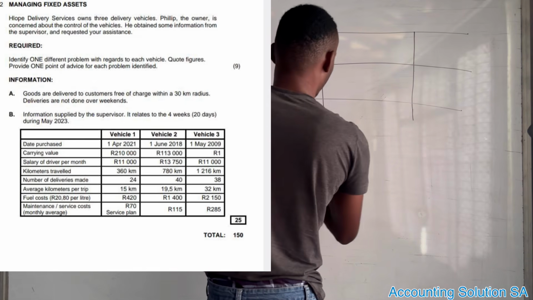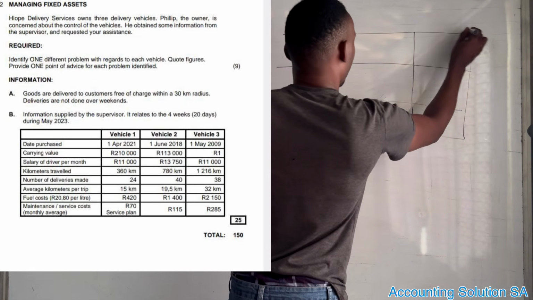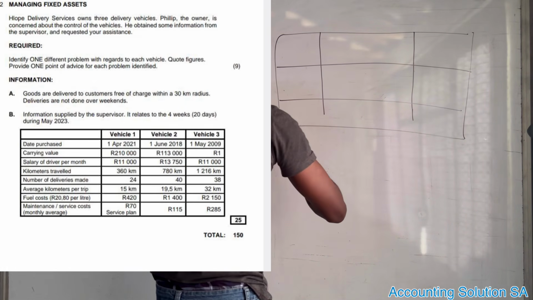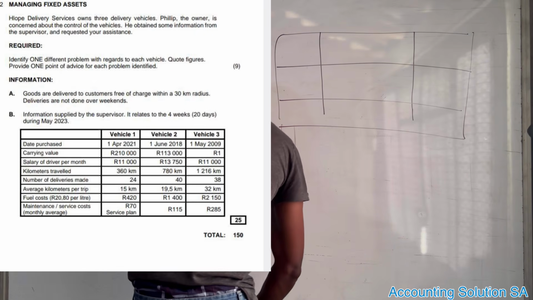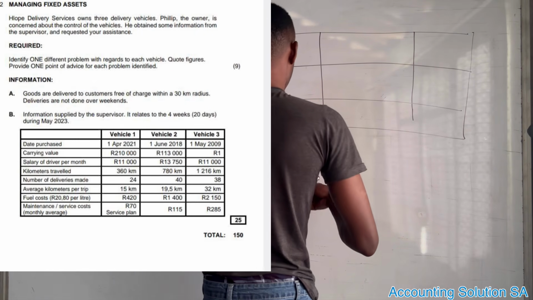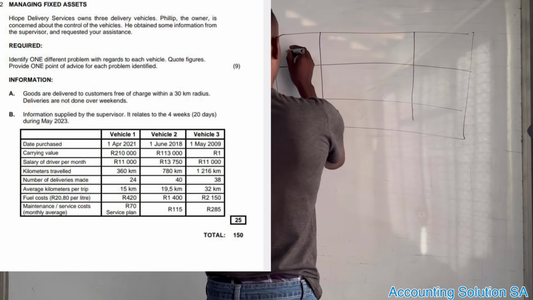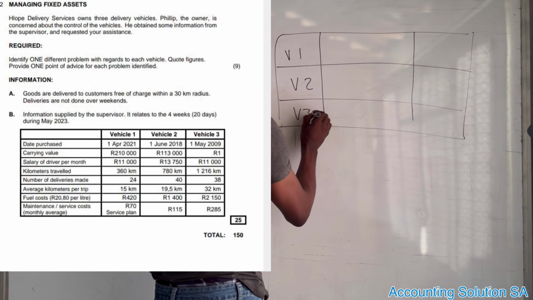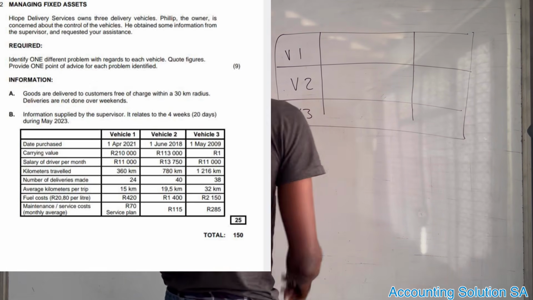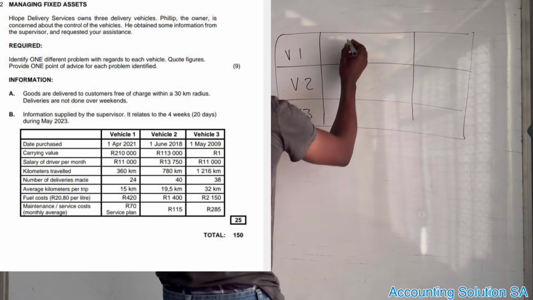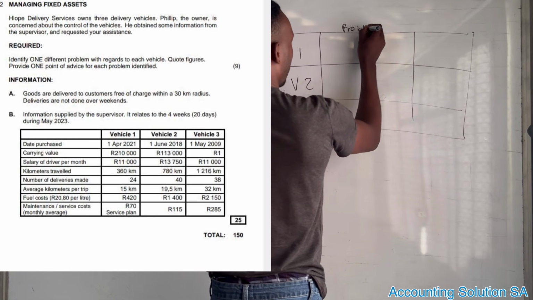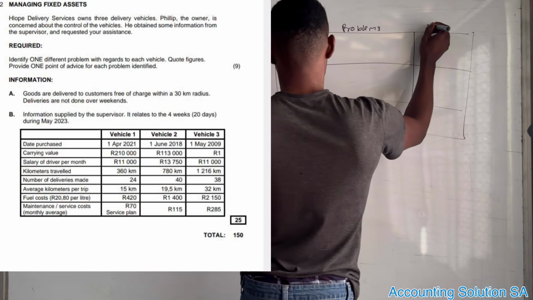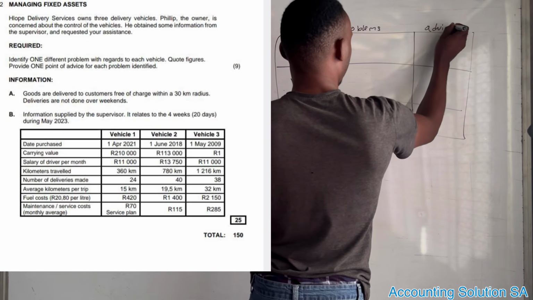Like this. And we have vehicle 1, vehicle 2, vehicle 3. This side we have to write problems, and this side we must give advice.